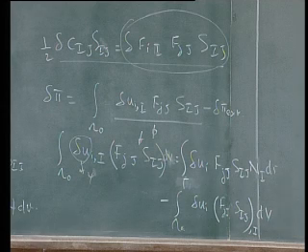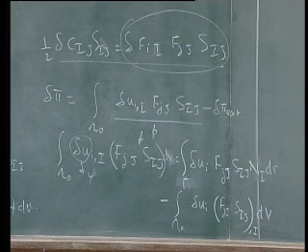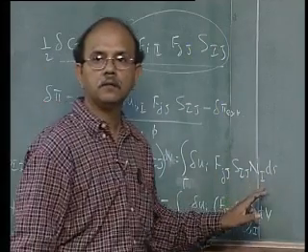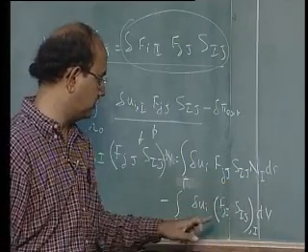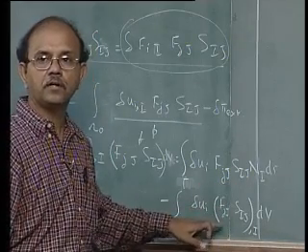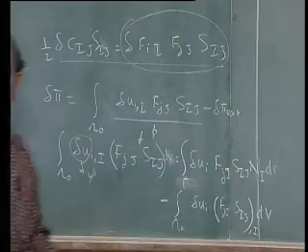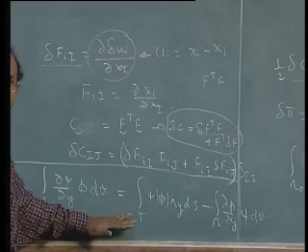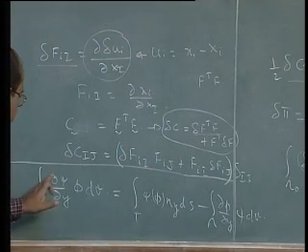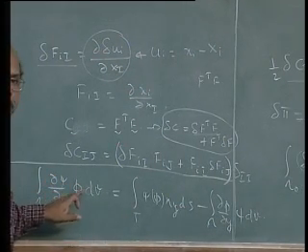I'll give you a minute, just see it. If there's any questions, I'll answer it. Pardon? Ni term will come here, in the second term. Here it will not come, obviously. Please look at this formula again. You will see that this is our psi and phi.